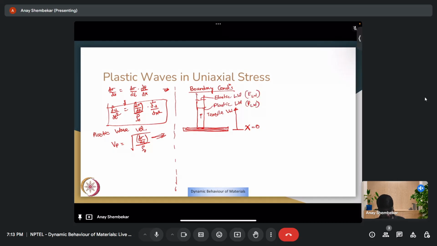The boundary condition at x equal to 0. This is the rigid plate, which we know is traveling at a velocity v1. And somewhere here would be the weight. Just draw that in a dashed manner. So the displacement u at x equal to 0 and time t is simply v1 into t. We are assuming v1 is constant.